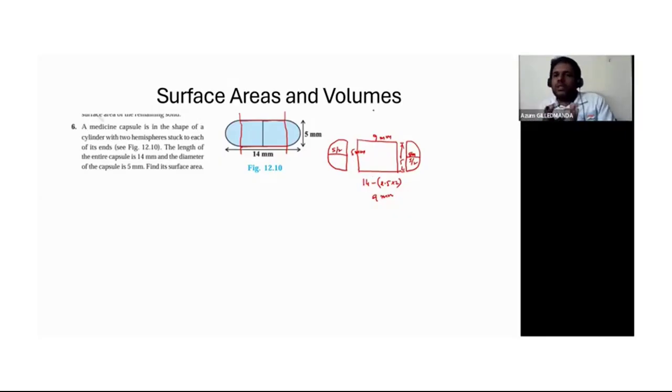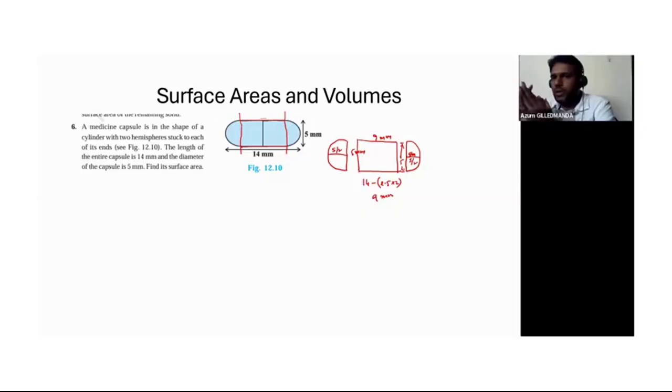Now I divided it into three shapes: two hemispheres at two ends and one cylinder. Now let's find the surface area of the entire capsule. Surface area means this total area. Very simple, we have two hemispheres.